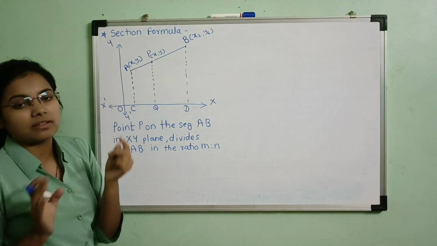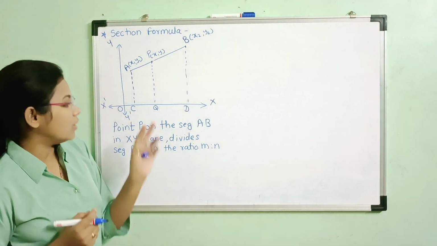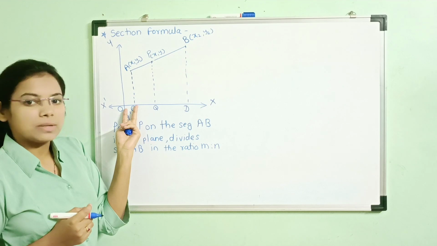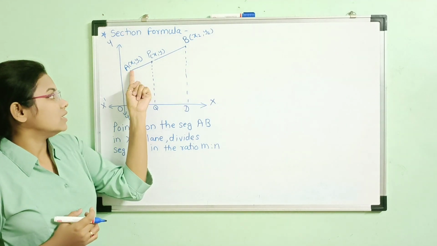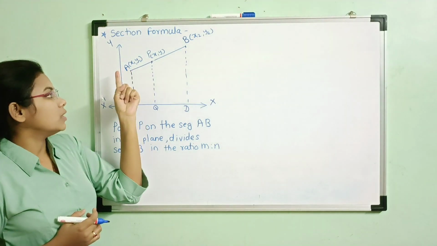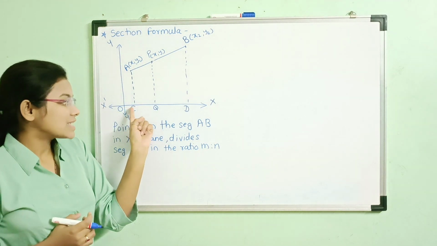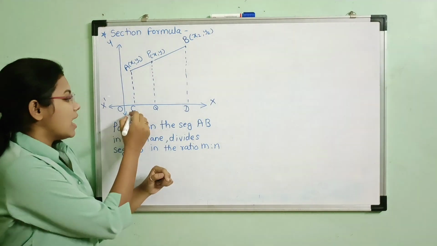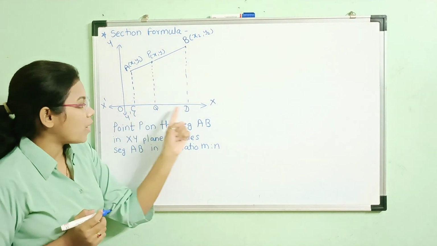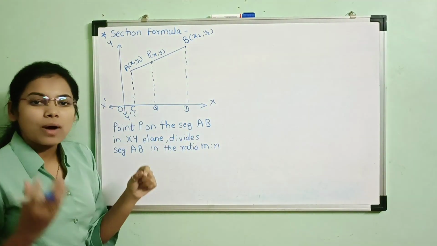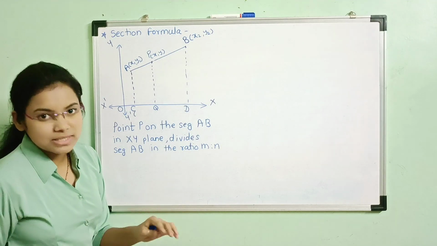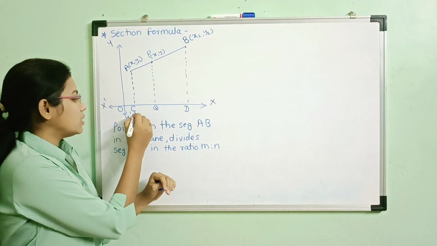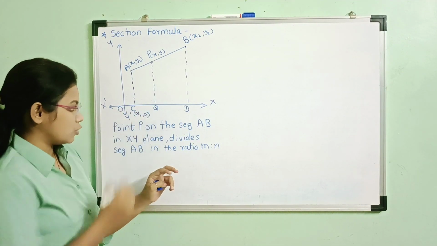You know the meanings of abscissa and ordinate. So this distance will be x1. Why? Because the distance of a point from the y-axis, scaled along the x-axis, is the abscissa, that is the x coordinate. And since this is a point on the x-axis, the y coordinate will automatically be 0. So this will be x1 comma 0.